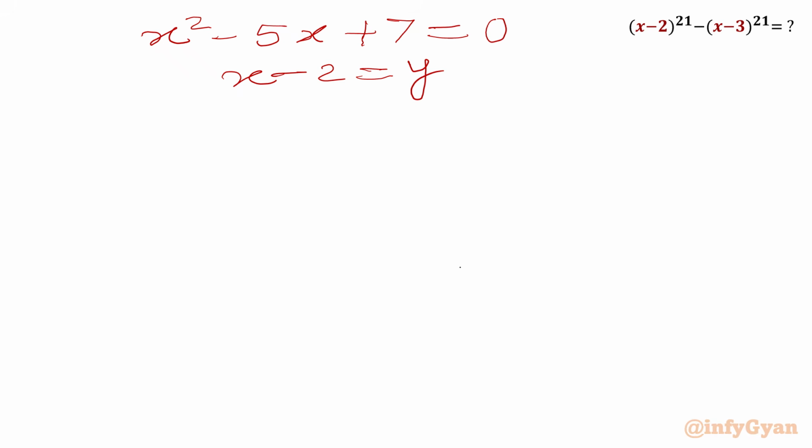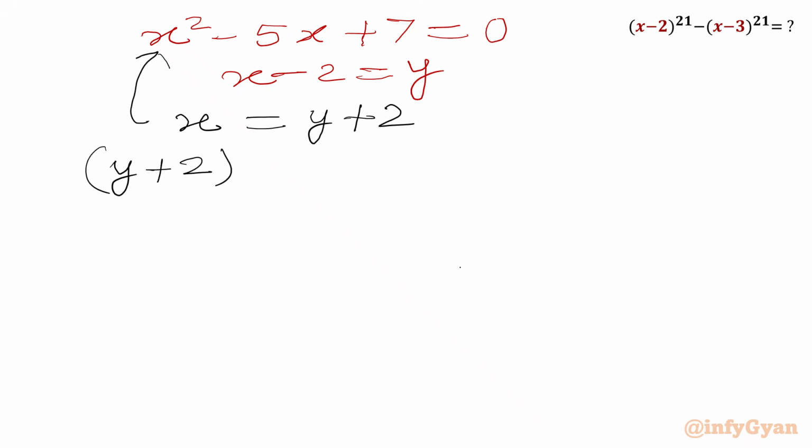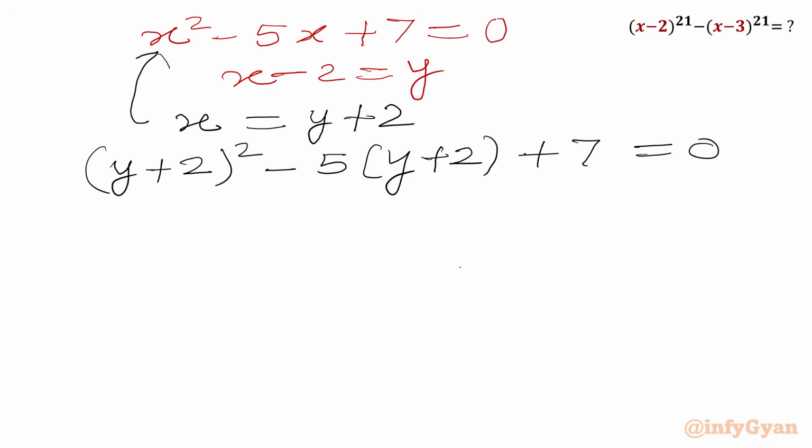So from this, if we find x as a function of y, we can write x equal to y plus 2. Let us plug in the quadratic equation. We will get (y plus 2) whole square minus 5 times (y plus 2) plus 7 equal to 0.